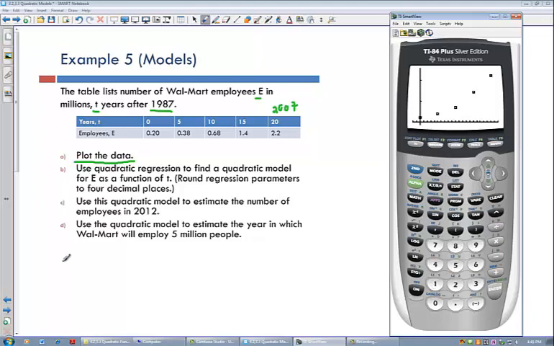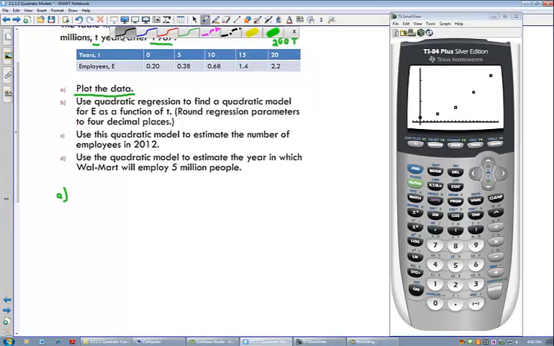So right over here, I'll do part A, because there are various things I want to graph. And so on this plot, I have a vertical and a horizontal axis. The horizontal is T. The vertical is E. They stand for different things. So this is the T years.